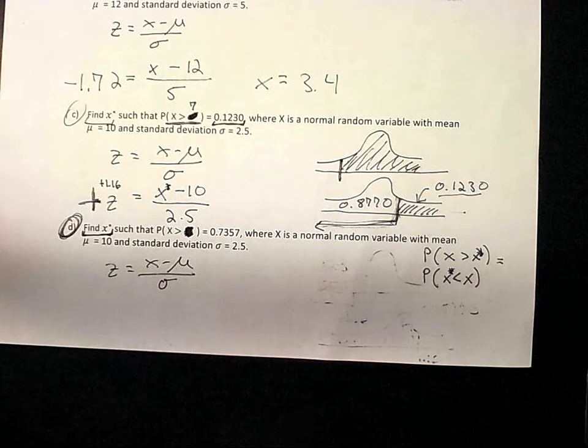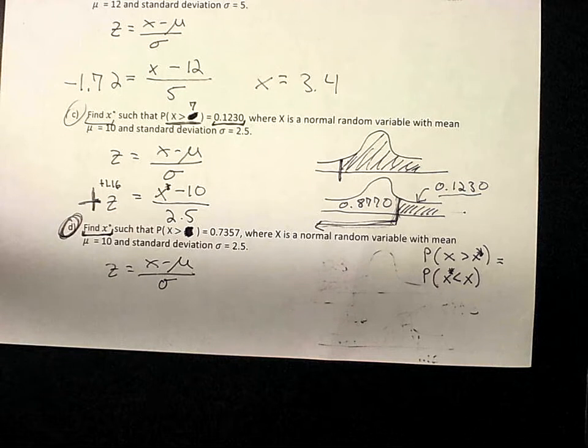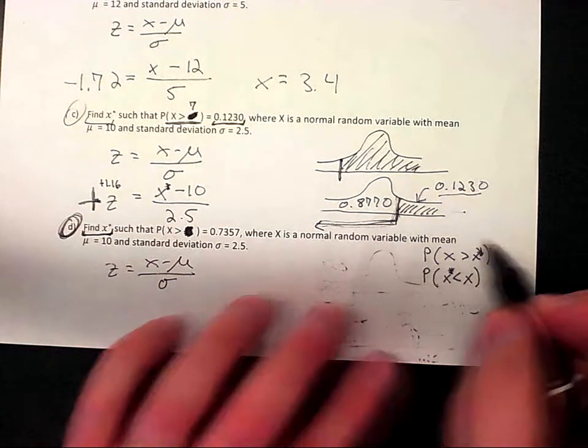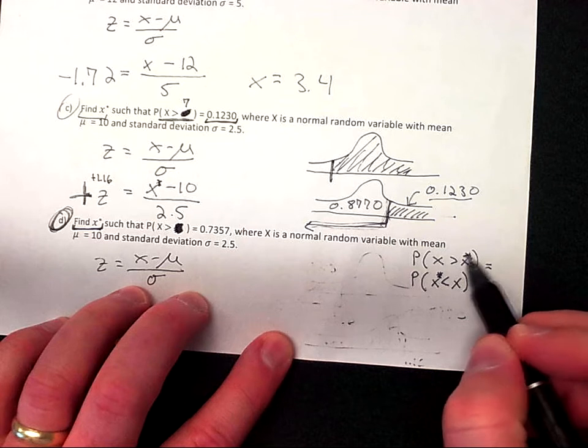So then the next thing that people usually get stumbled up on is saying, I have X's and I have X stars, which one do I look at? So that's why I'm saying, just cross off the one that's new, cross off the X star.